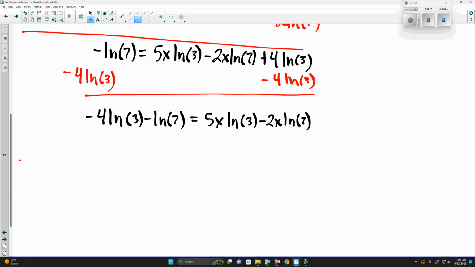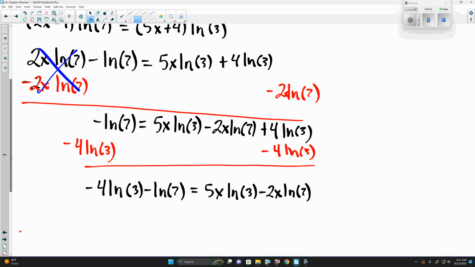So if we wanted to, we could have done these two moves in one go, moving them from side to side, or we can do them in two. Either way, we get to the same spot.